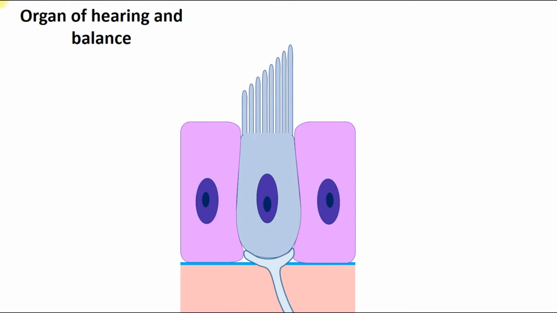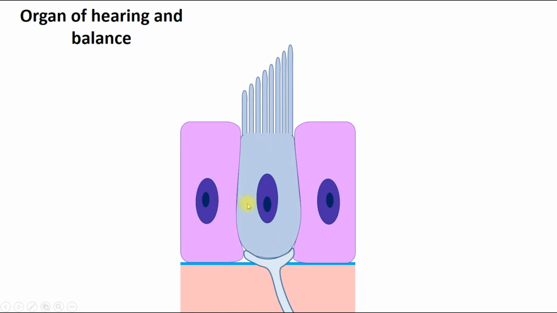Next, organ of hearing and balance. They have the same mechanism of sensation or almost the same. Let's look at what is going on. Here we can see usual epithelial cells, but between them there are sensory epithelial cells. Here we can see this type of cell. And here we can see a nerve ending, it's a receptor nerve ending, the ending of a dendrite of the sensory neuron.